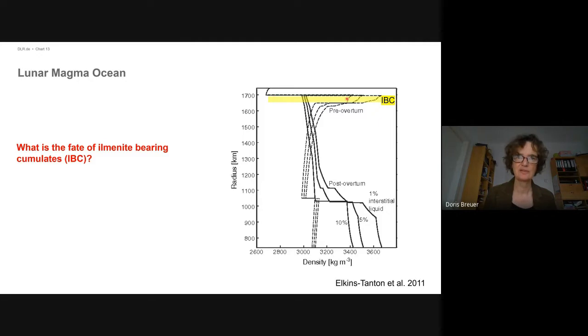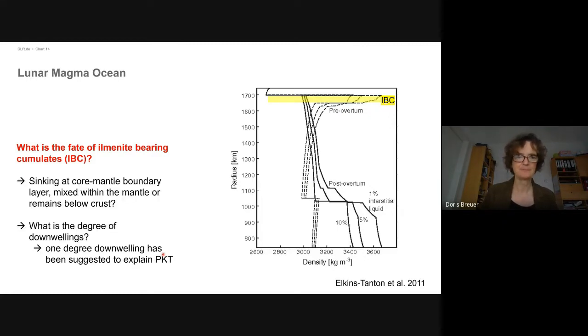We've seen that it is dense and sits on top of the cumulate mantle, which has a lower density, so it tends to sink down. That is something people have studied a lot. And the question is, will it sink to the core-mantle boundary, will it be mixed in the mantle, or possibly does it remain below the crust?